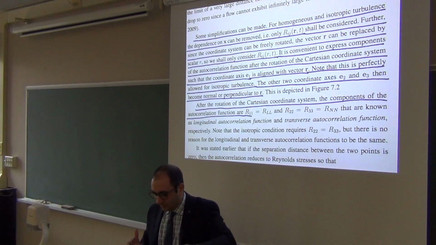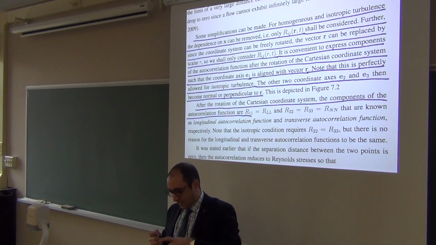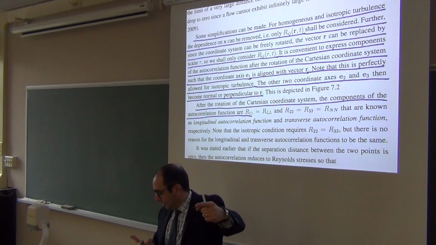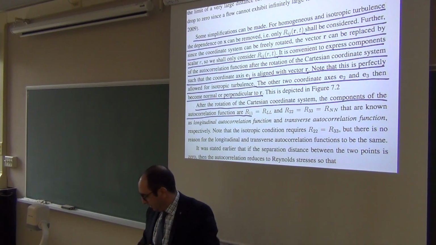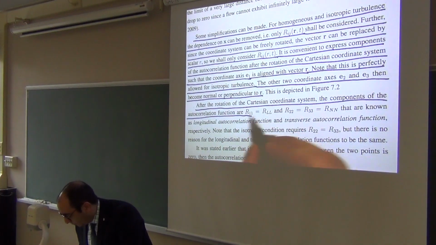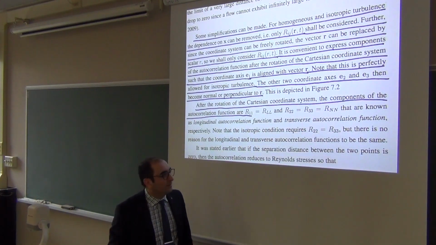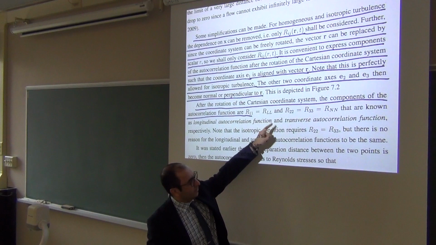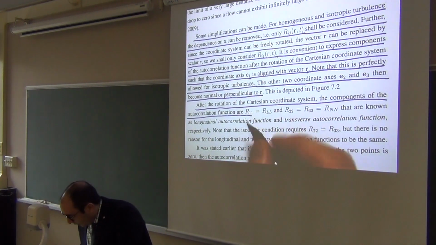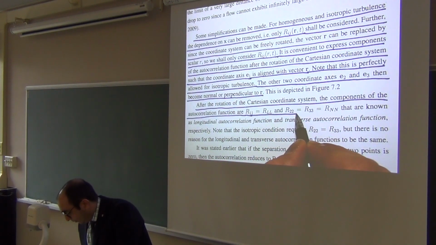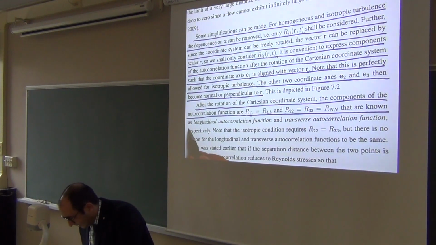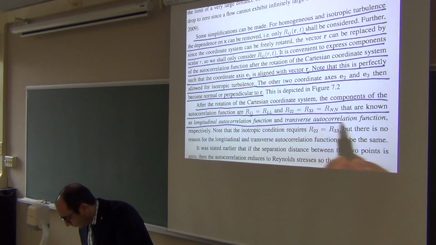R11 is the component along R. Let's say X, as it was the first component. We know this as the longitudinal autocorrelation, or R11, same as RLL, because L is for longitudinal. And the normal components to R, 2,2 or 3,3, we know as the normal or transverse autocorrelation function.